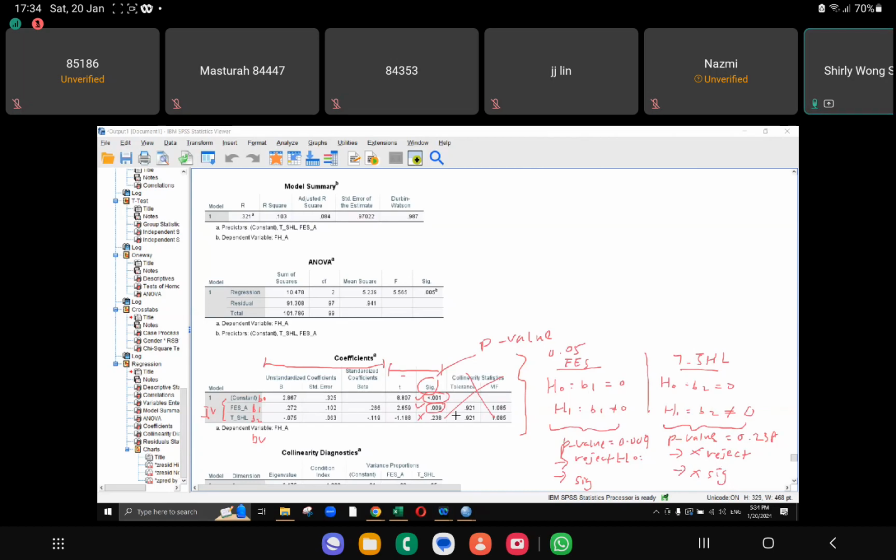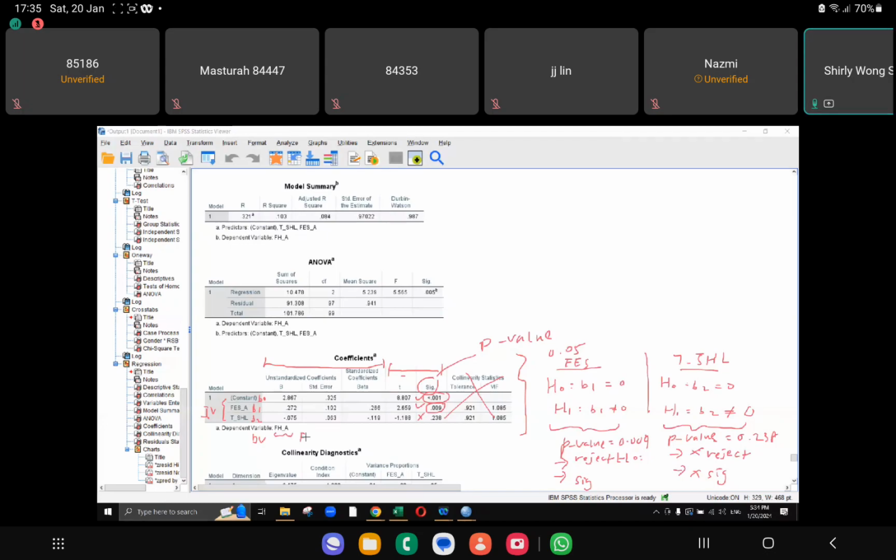So meaning to say, only the family economic stream will affect the family health, right?